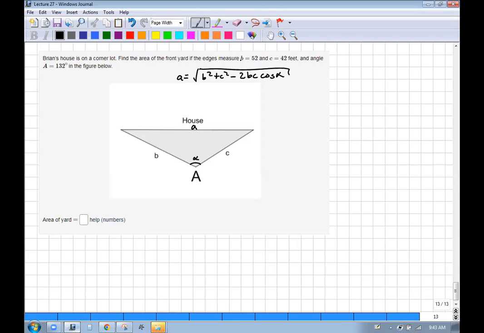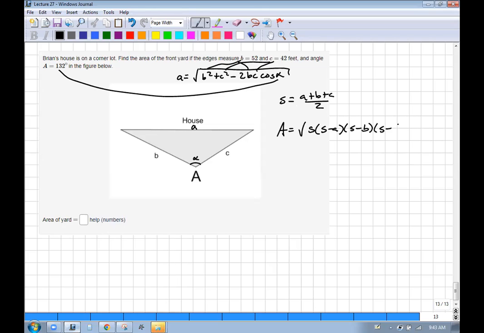Right? We know what B is. We know what C is. And we know what alpha is. Once we have A, S is A plus B plus C over 2. And the area is the square root of S times S minus A times S minus B times S minus C. Heron's area formula. And that's it.